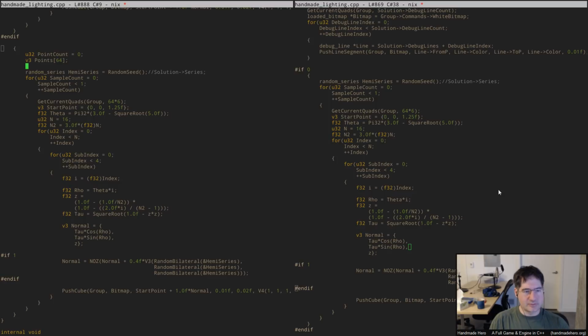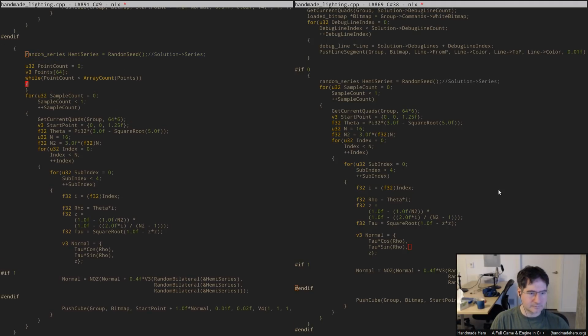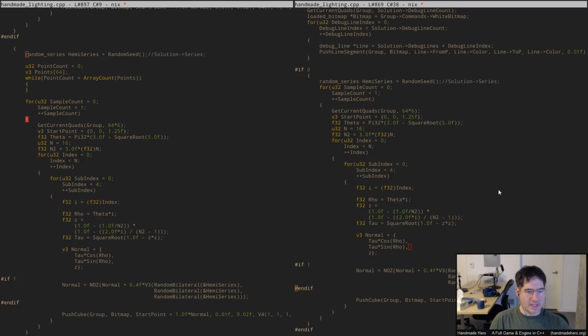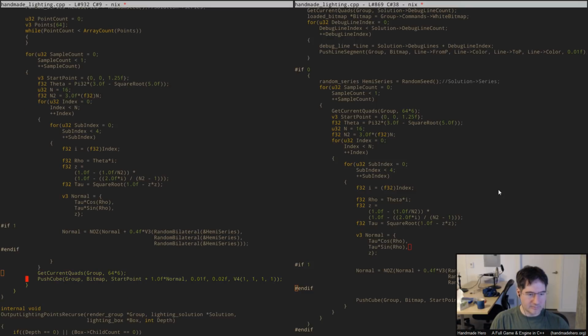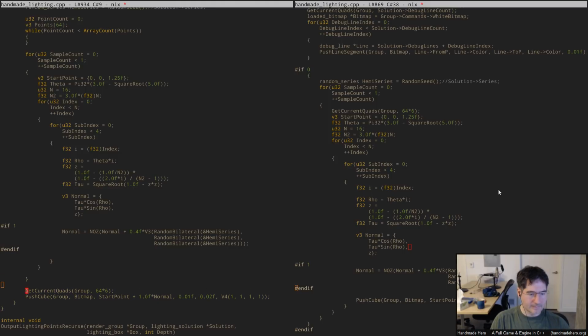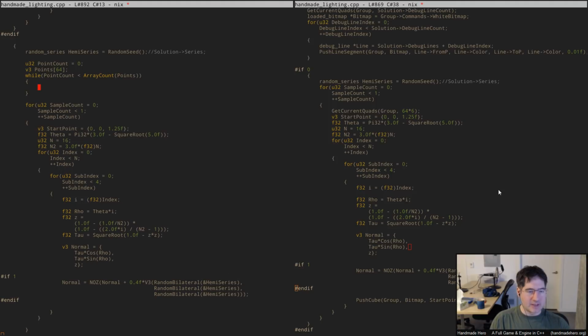And I'm going to keep a point count. And then what I'm going to do is I'm just going to say, all right, while the point count is less than the array count points. Again, it's super slow. I'm going to go ahead and draw these in a separate pass. So while I don't have enough points, I'm going to make a new point on the hemisphere.